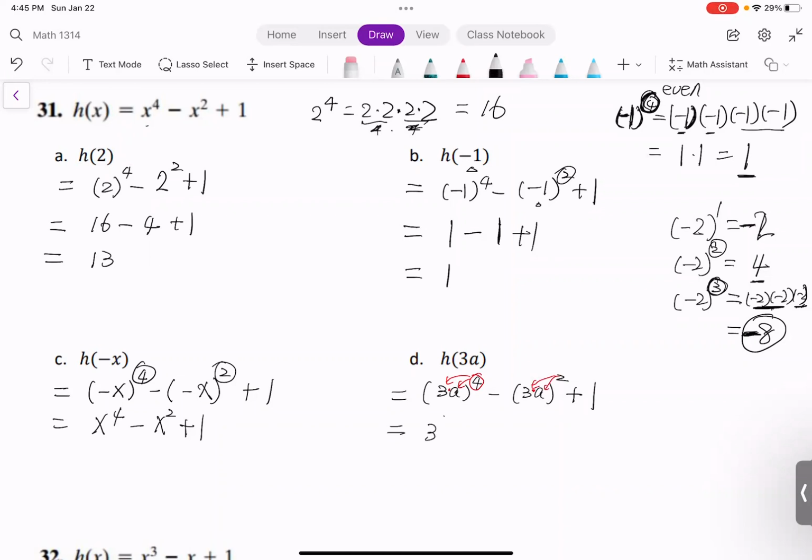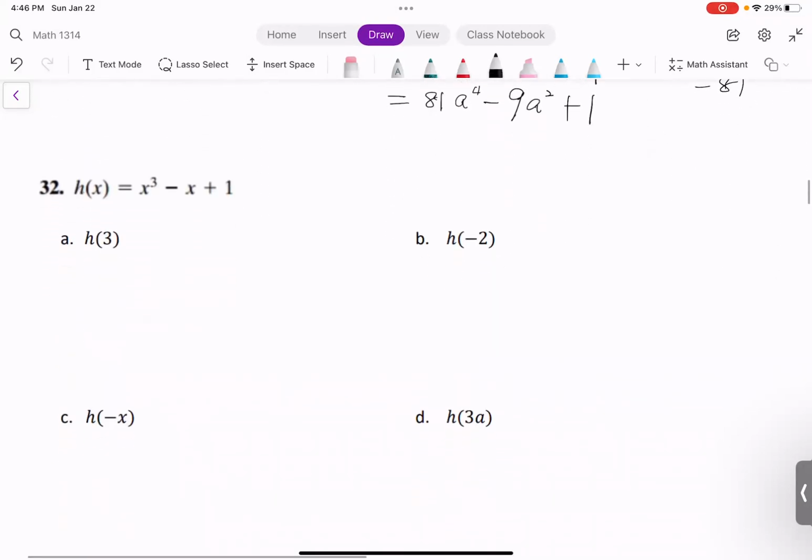That means 3 to the fourth times a to the fourth minus 3 squared, a squared plus 1. And what is 3 to the fourth? That's 3 times 3 times 3 times 3. These two are 9. 9 times 9 is 81. 81a to the fourth minus 9a squared plus 1.